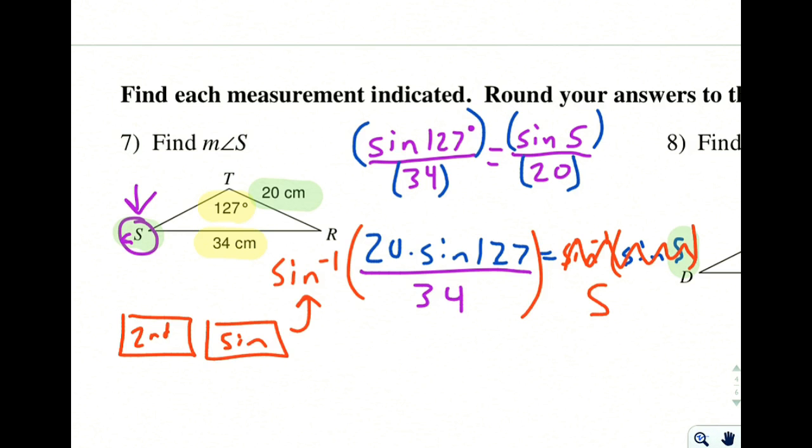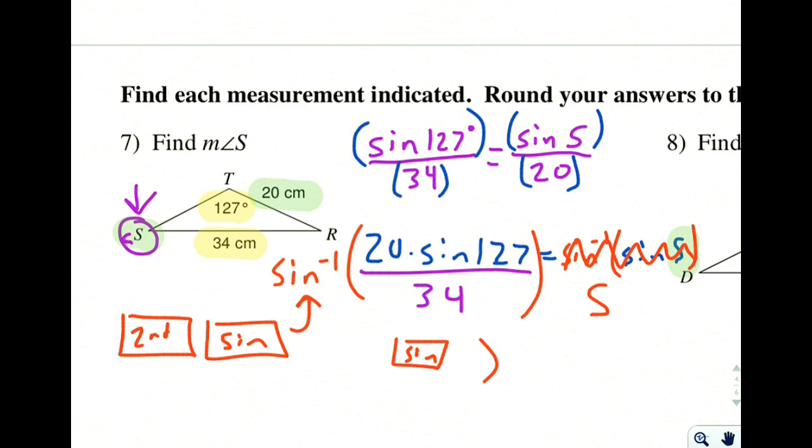You can type in 20 times, and then you do just the sine button, not the inverse sine this time, just the regular sine. Type in 127. On most calculators, you'll need to close your parenthesis here for the sine, because sine will be written as sine with an open paren, so you need to close that so that it calculates everything right.